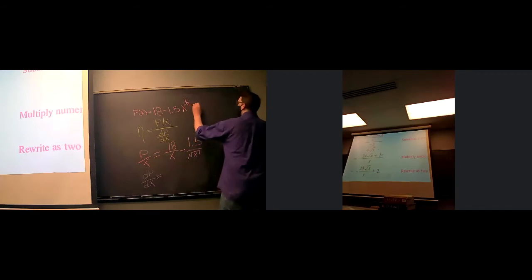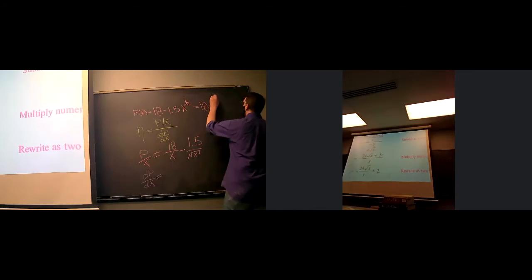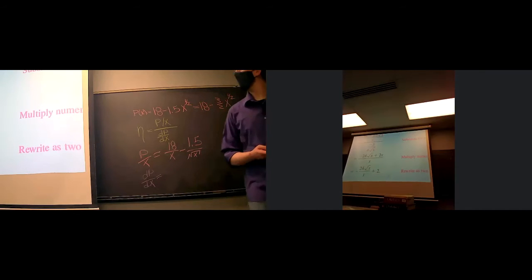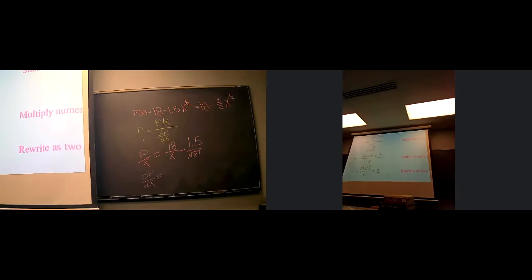Let me rewrite this so we can see why: 18 minus 3 over 2 x to the 1/2. Well, we're going to lower this by a power, right?